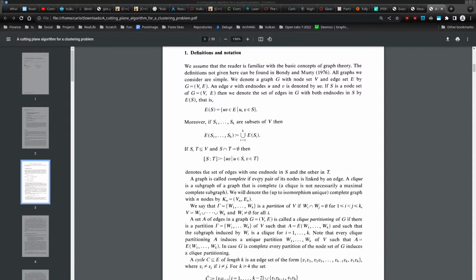A graph is called complete if every pair of its nodes is linked by an edge. A clique is a subgraph of a graph that is complete. Well, I already said that. A clique is not necessarily a maximal complete subgraph.